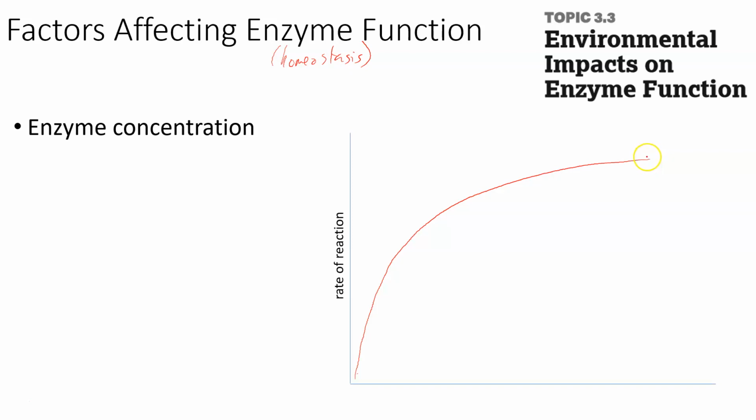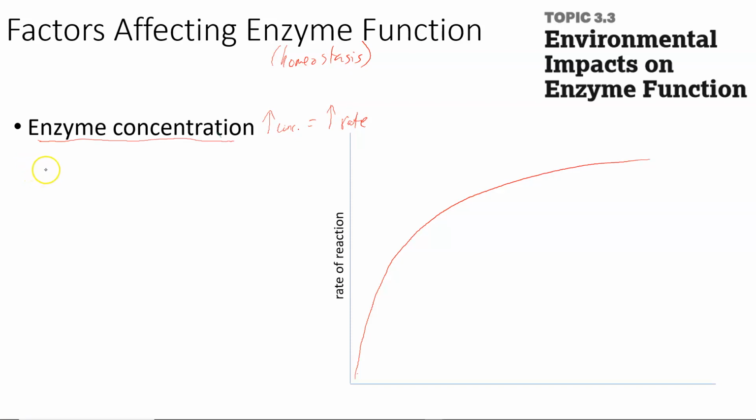If you continually added substrate, you could maintain a somewhat high rate, but eventually this will slow down and drop off once there's no more substrate available. So this is what happens when you have a higher enzyme concentration. But higher concentration is equal to higher output rate.